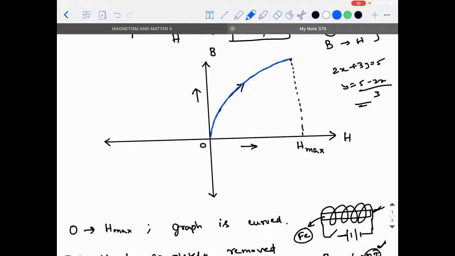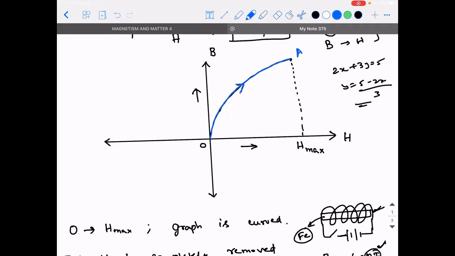Now my question is, if I call this point A, will it get demagnetized because of the removal of the external magnetic field exactly in the direction of AO? Guys, think about it. Is it going to get demagnetized exactly in the direction AO itself? From O to A, it got increased.